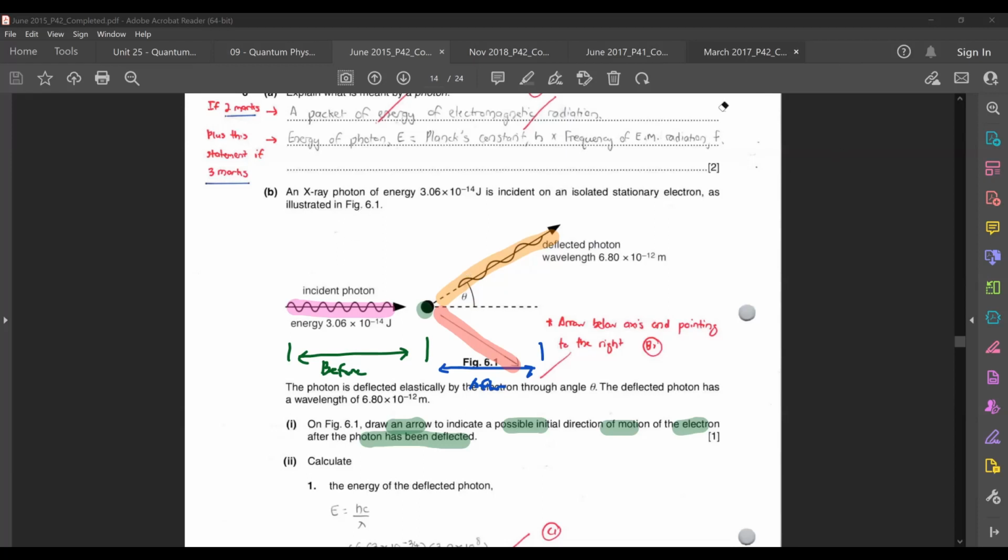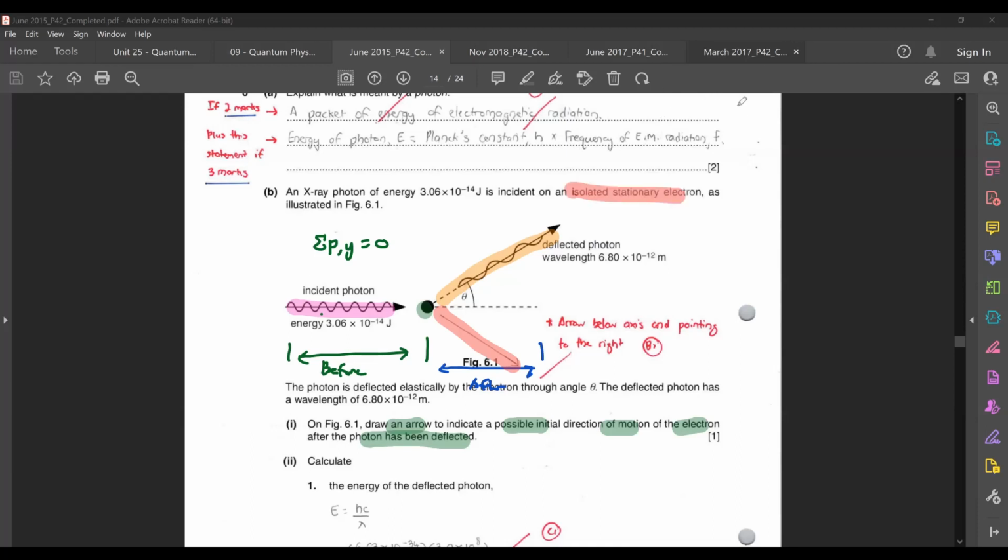If you just look at the case before collision, you just look at the vertical momentum. Before collision, the vertical momentum is actually zero. You can see that the photon was just moving horizontally, and then your electron was actually stationary. They've already told you that your electron was stationary right over here.